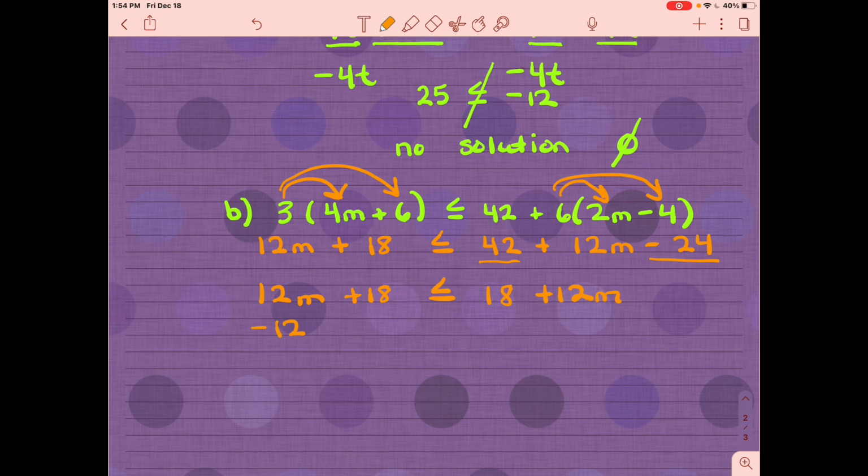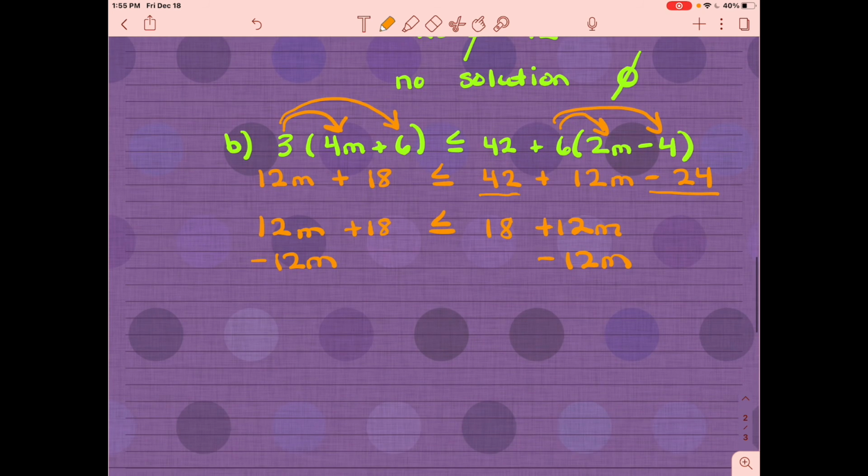So if I subtract 12m from both sides, it cancels. I have 0 and 0. And then if I subtract 18 from both sides, that cancels, and I have 0 and 0, and I end up with 0 is less than or equal to 0, which is a true statement, just a little strange, right?